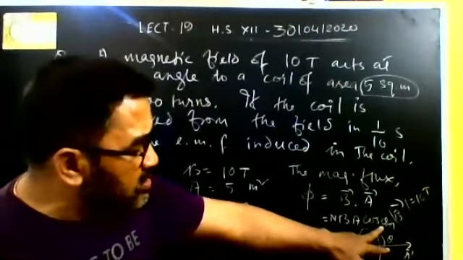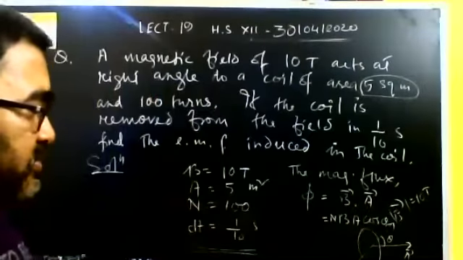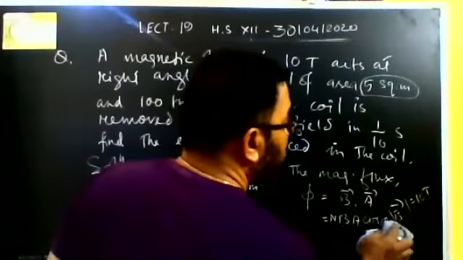When theta is equal to 0, cos 0 degree is equal to 1.